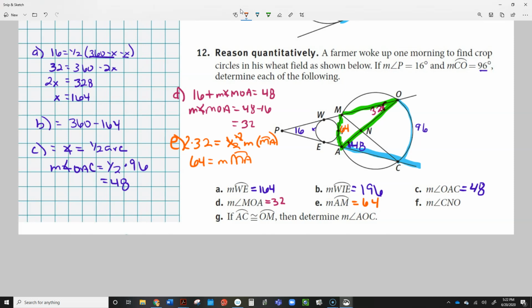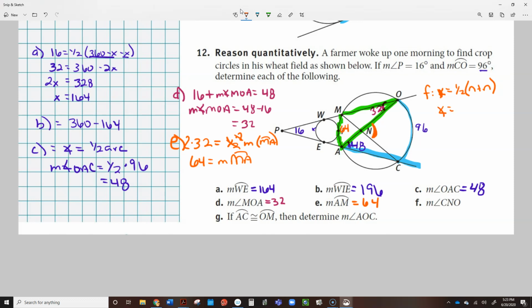And the measure of angle CNO, okay, so this angle right here, this is what we're looking for. Okay, that's an angle on the inside. So the angle on the inside, so for F, we need the angle is equal to half the sum of the arcs. So the angle, that's what we're looking for.